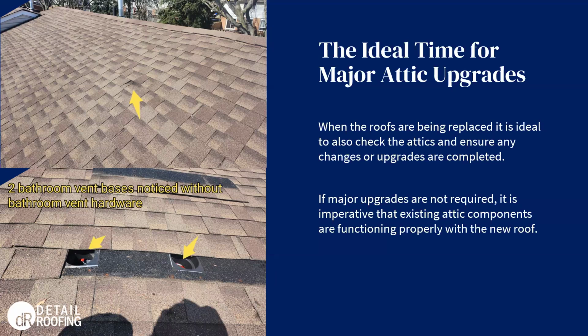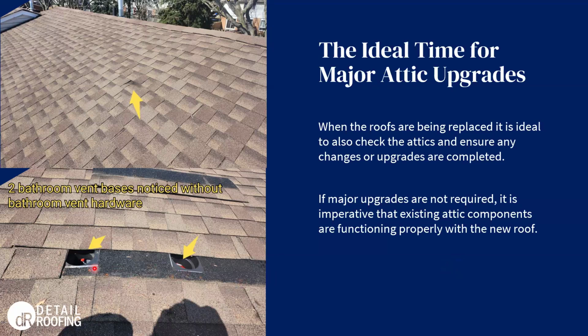This is a situation that we came across recently. We were doing some repairs on this roof surface and ended up seeing that there was a little bit of a dip and an opening in the roof surface here. So this was unrelated to the repairs that we were doing, but our guys went over to check out what was happening here. And when they lifted the shingles up, they found that there were two exhaust vents here.